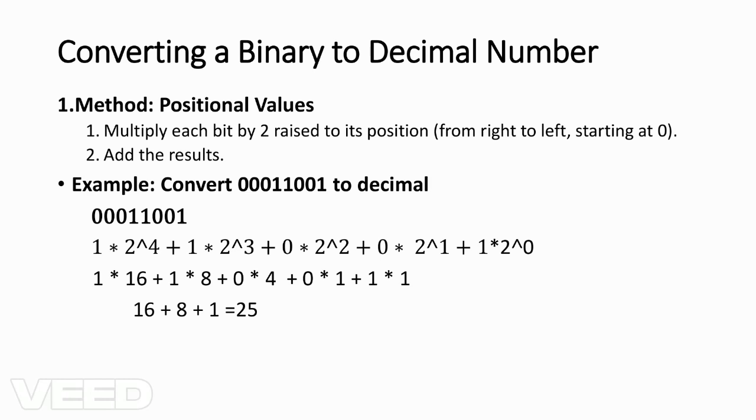The 0s in front are going to be 0, so we don't need to bother about that. So we come to the right here. We see that 2 raised to the power 4 is 16. 2 raised to the power 3 is 8. 2 raised to the power 2 is 4.